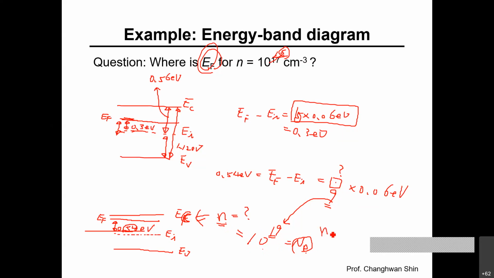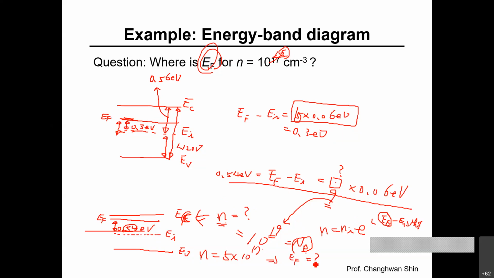And still, do you want to use this very complicated equation to get the precise position of the Fermi energy level? Don't do this. You can use this simple rule. In the midterm exam and final exam, I don't want to use a very complicated number such as n is 5 times 10 to the 17, where is E_F?